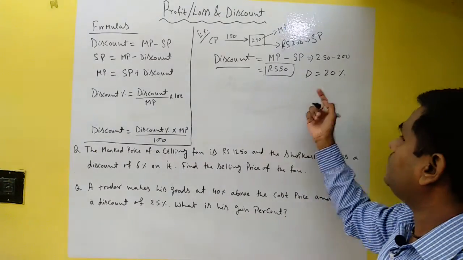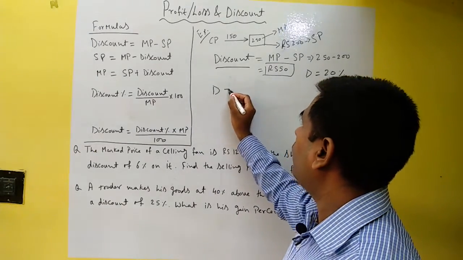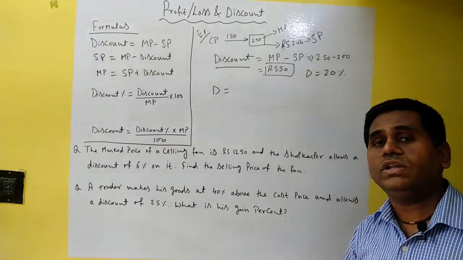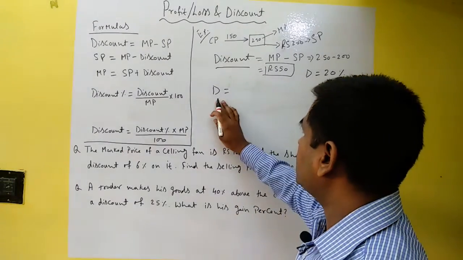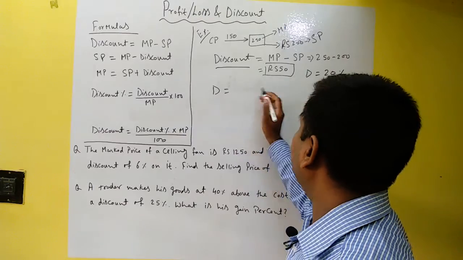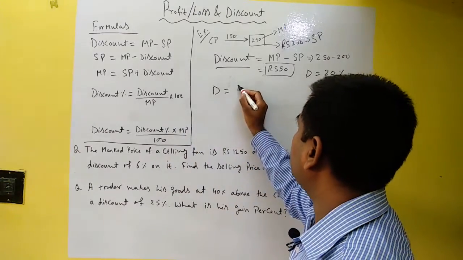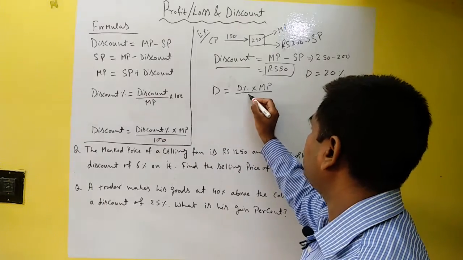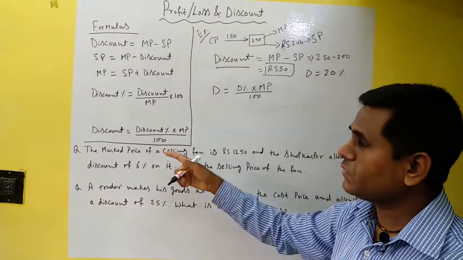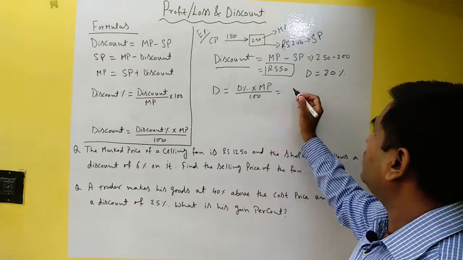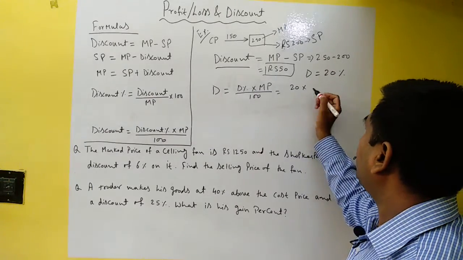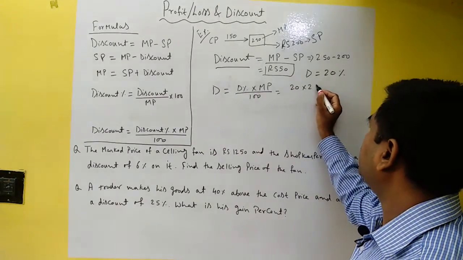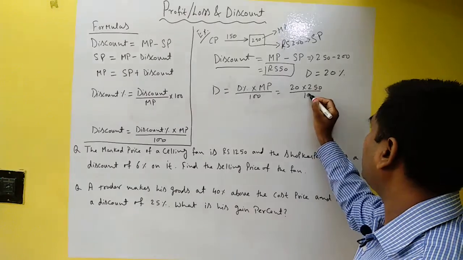In this example, we just calculated and found that discount is 20%. Now, how to calculate discount in rupees? Discount in rupees is equal to discount percent multiplied with marked price divided with 100. So discount percentage is 20, marked price is 250, multiplied with 100.